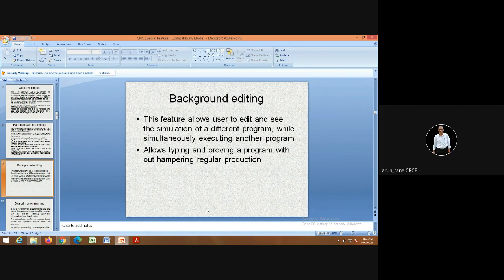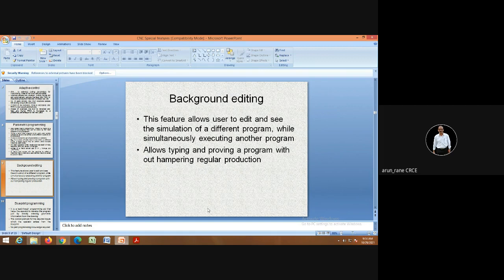Of course, you cannot edit the current program which is being machined. While the program is being executed, you cannot change that program, but you can write a new program while the present workpiece is getting machined. Means your machine is not stopped. That is what is called background editing.